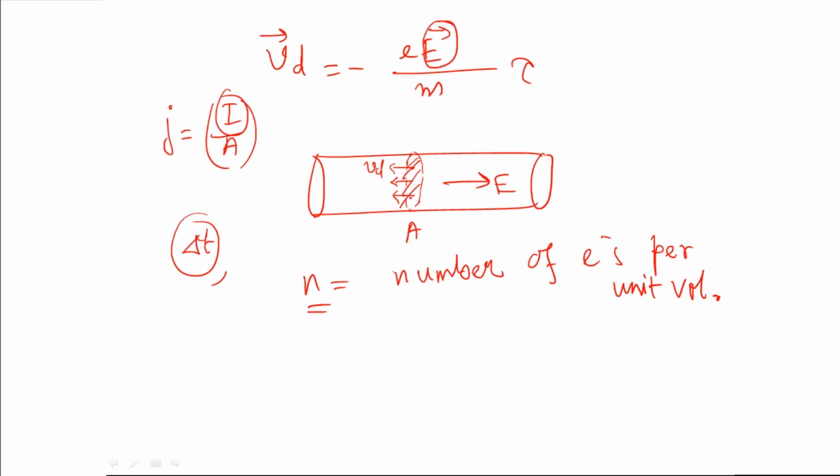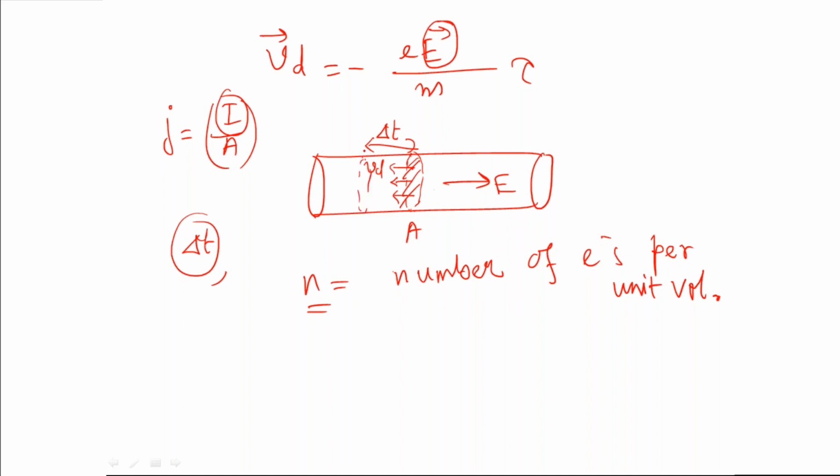Since this is the velocity, in delta t time, what will be the length the electrons will be crossing in this direction? Suppose this is the length L, after the delta t time interval.